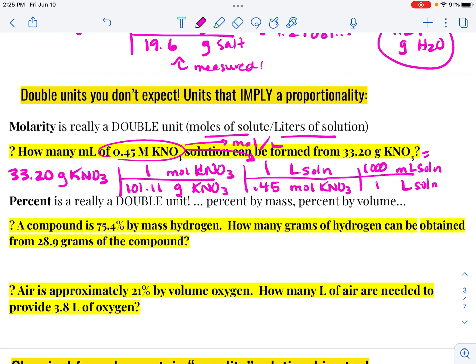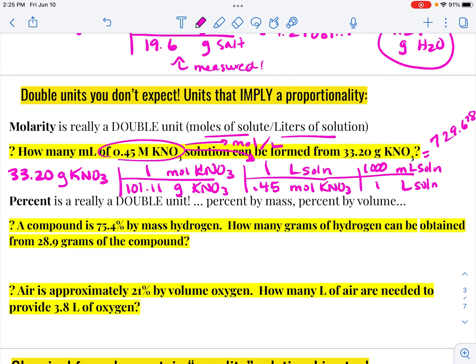And now I can punch my calculator. I got 729.678, a bunch of numbers. Let's talk sig figs. The 33.20 given was 4. The grams per mole is kind of up to you, depending on what you've read from the periodic table, so in this case, it's not going to limit us.